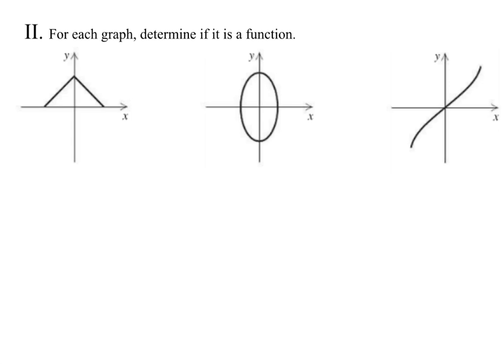So I want to know, can I draw a vertical line through this first graph that crosses more than once? That only crosses once, once, once, once, once. Note that there is no vertical line that I can draw through this graph that will cross more than once. So this is a function.